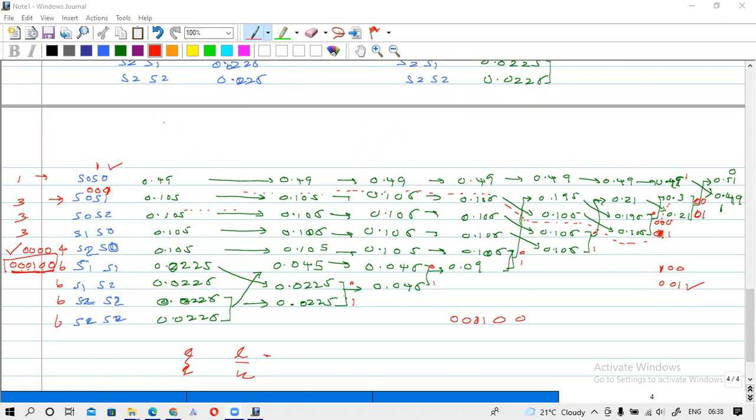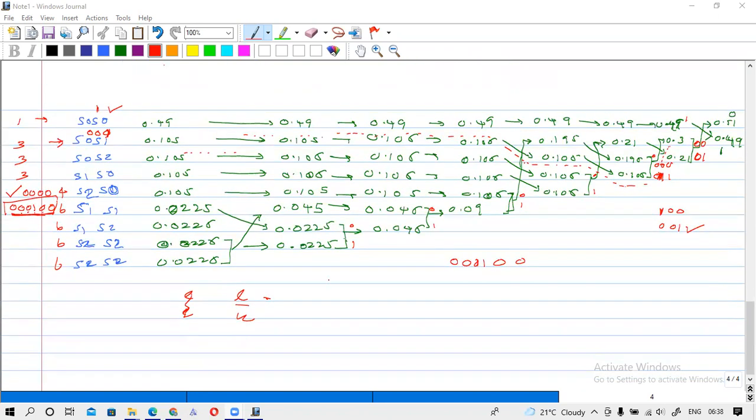I hope this will be our code length. To find the average code length, we have to get the sum of each code length multiplied by its corresponding probability, and get the summation. We have 0 to 8, that means 9 values.